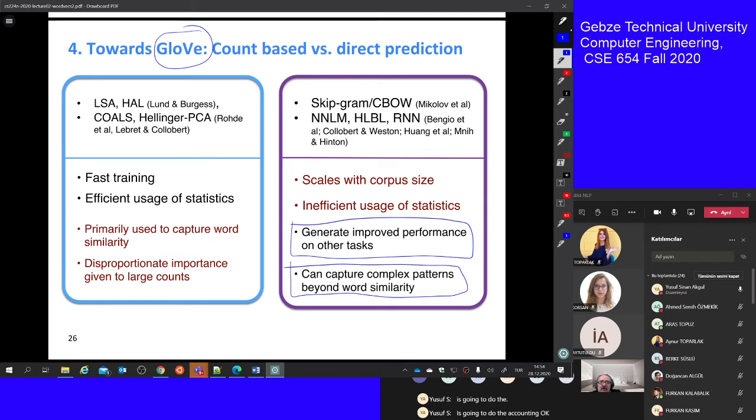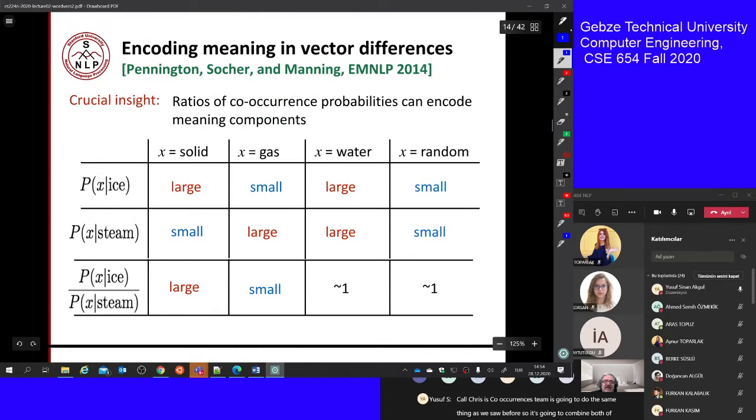Okay, co-occurrences thing is going to do the same thing as we saw before. So it's going to combine both of them. Let's look at this idea. The idea is this. Okay, encoding meaning in vector differences, 2015 paper of Manning. Okay, Manning is one of the authors of the NLP book. Okay, let's look at this.